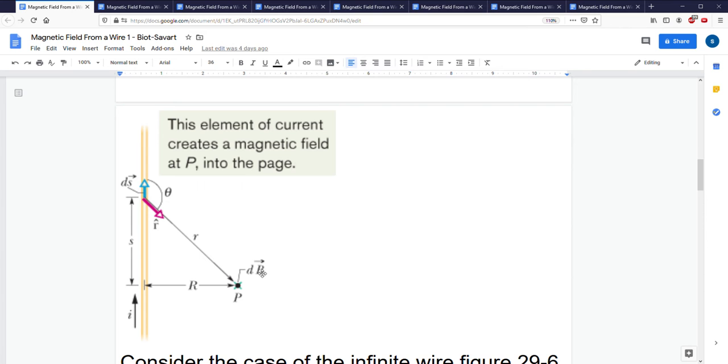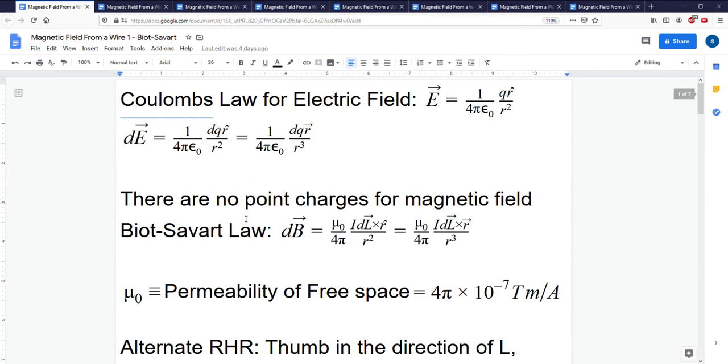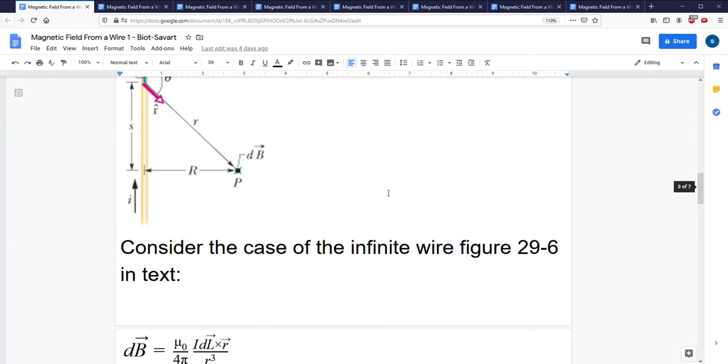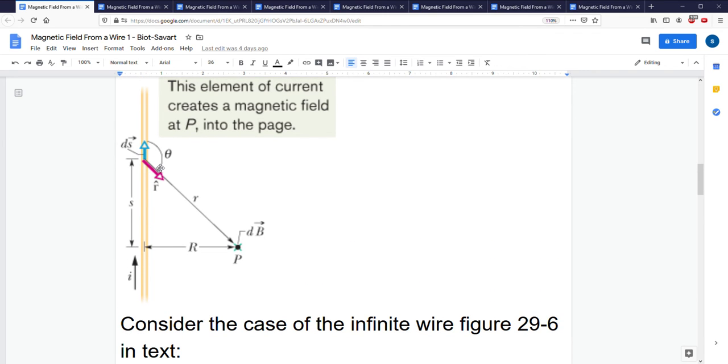Now, like with the electric field, if we want to use this differential form and integrate, we need to find a coordinate that all of our terms can be related to. Same thing here. In this image, the coordinate is s. So as you move along the wire, dl is equivalent to ds.